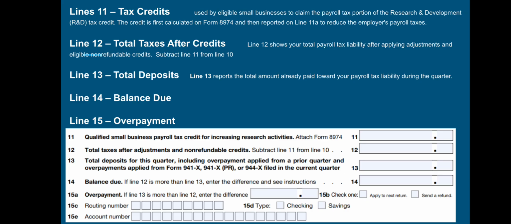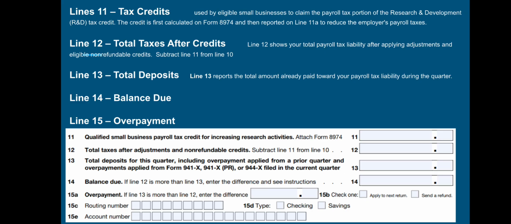If you have paid extra, then you will get the overpayment refund, or if you have underpaid, then the balance will show in line 14, which is balance due. In line 15, if you have made any overpayment, that overpayment amount will be shown in line 15A.